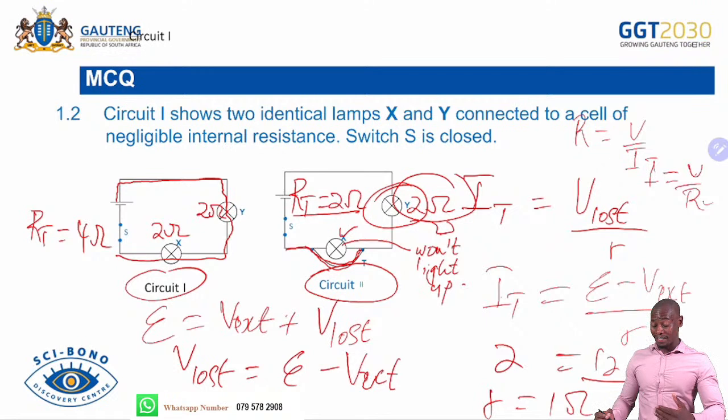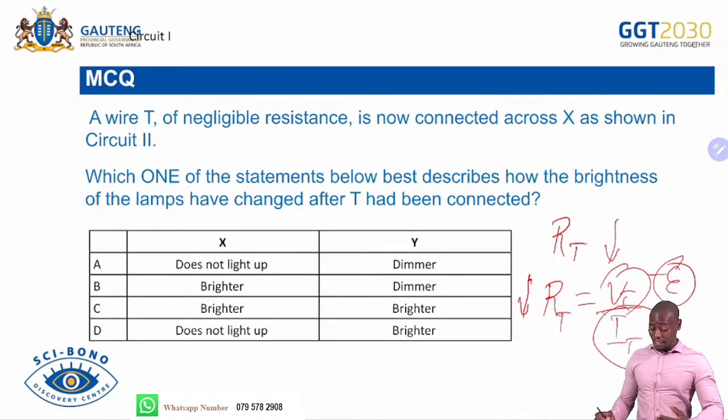What happens to the total resistance? It will decrease. And if total resistance decreases, what happens to total current? Total current will increase at constant EMF. And if total current increases, what will happen? Remember, now we are talking about the brightness, right? So if total current increases, P, what remains constant is the resistance.